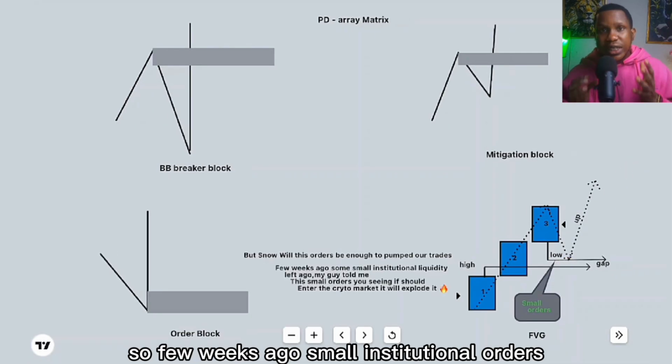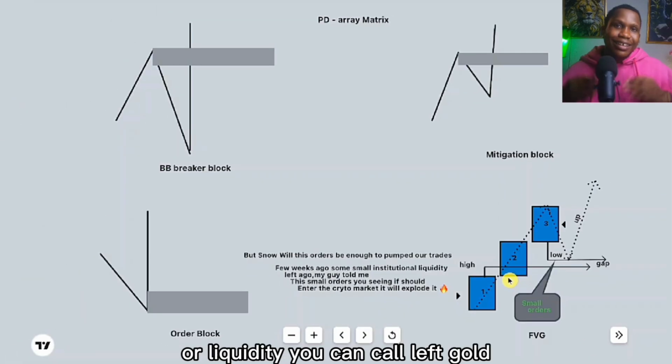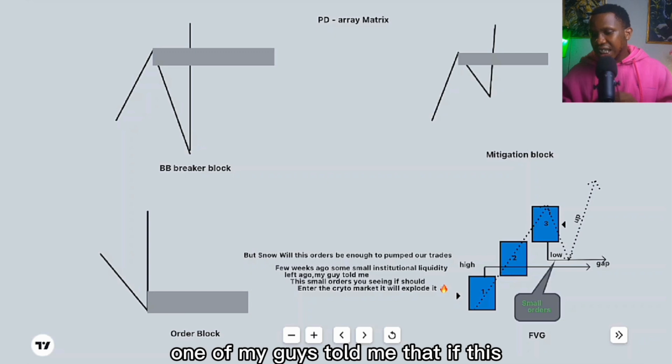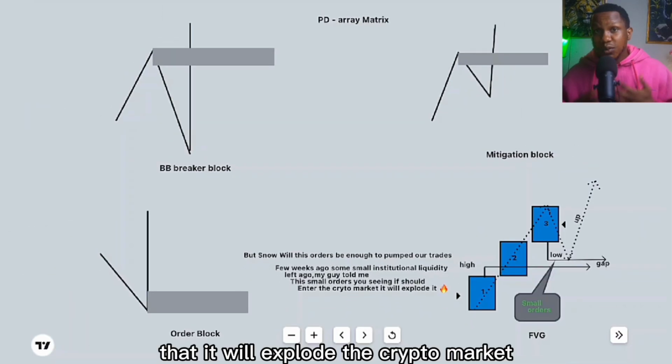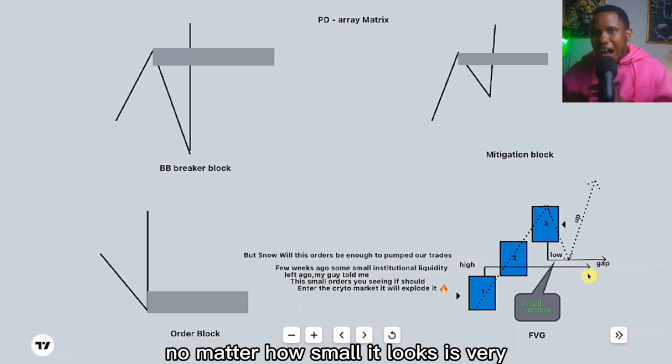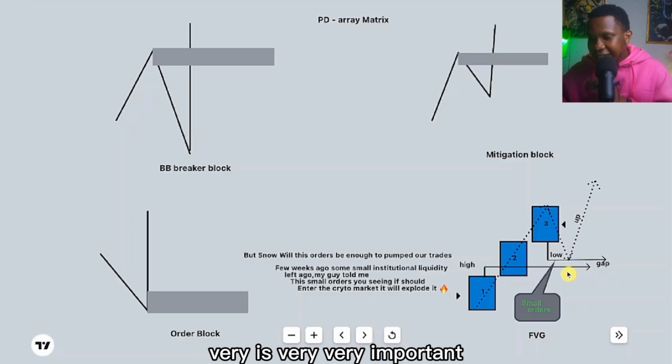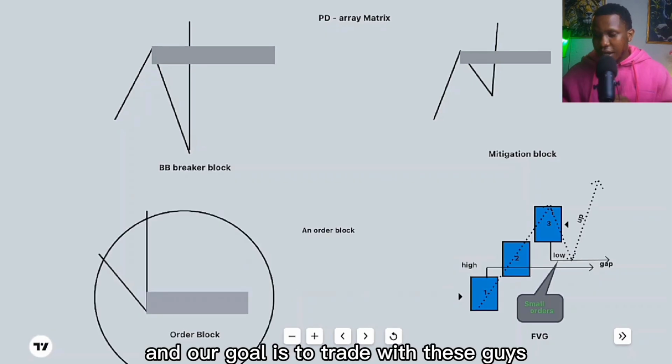A few weeks ago, small institutional orders or liquidity were left on gold. One of my guys told me that if these investors actually deposited a small percent of this, it would explode the crypto market. Institutional orders, no matter how small they look, are very important, and our goal is to trade with these guys.